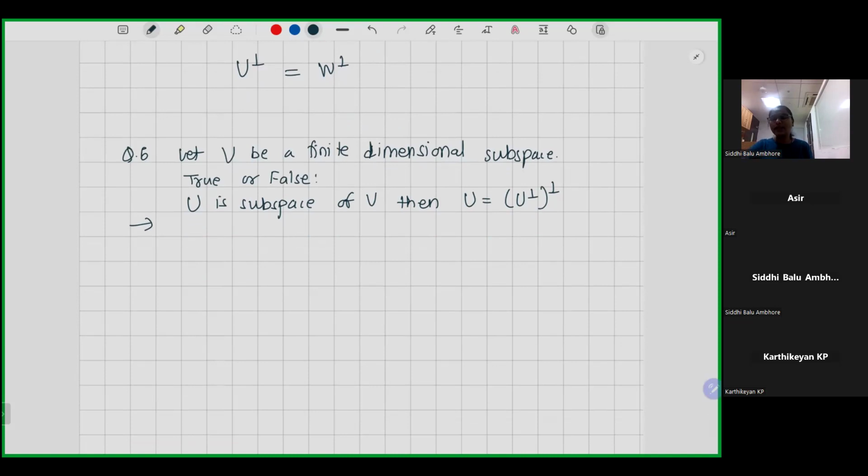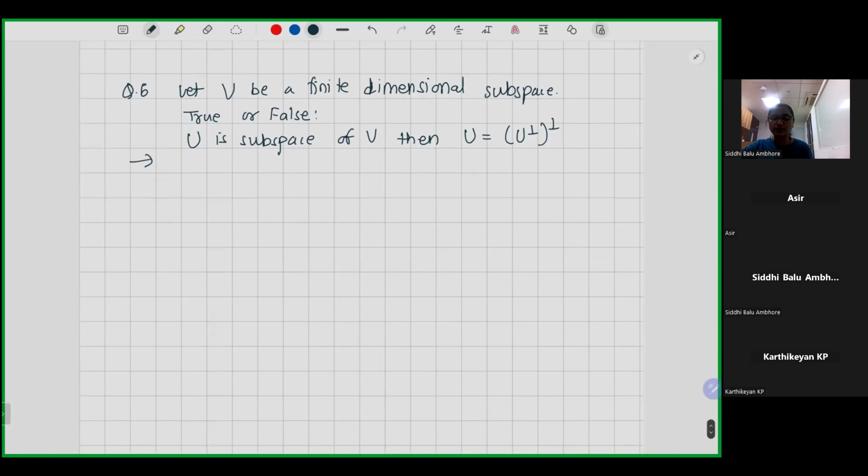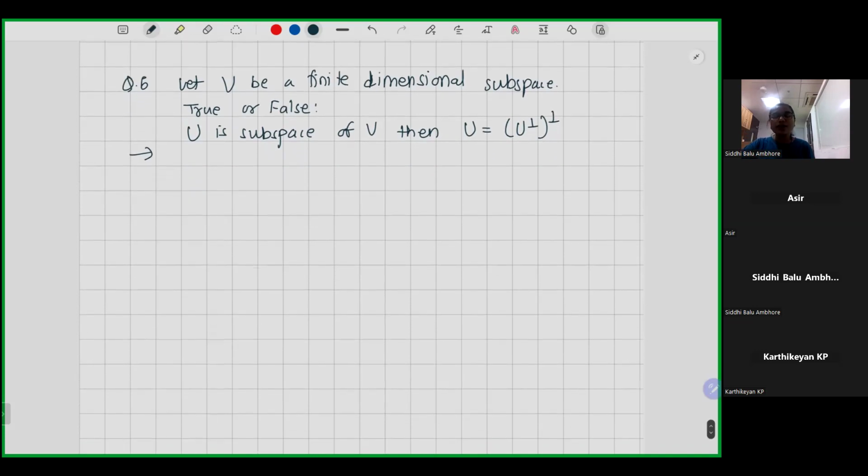So I will try to prove it for the finite dimensional case. And I also have an example for this, but that example is kind of non-trivial based on the topics covered in the syllabus of this course. But still, let us try to prove that if U is a subspace of a finite dimensional vector space, then U is equal to U perp perp. That is, double orthogonal complement of a set is equal to itself.